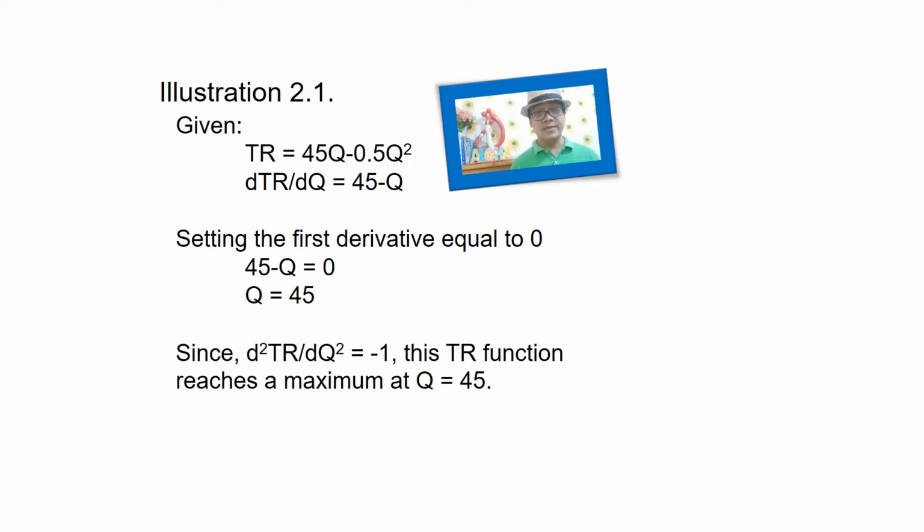Therefore, Q is equal to 45. Since the second derivative is equal to negative 1, this TR function reaches a maximum at Q equals 45.